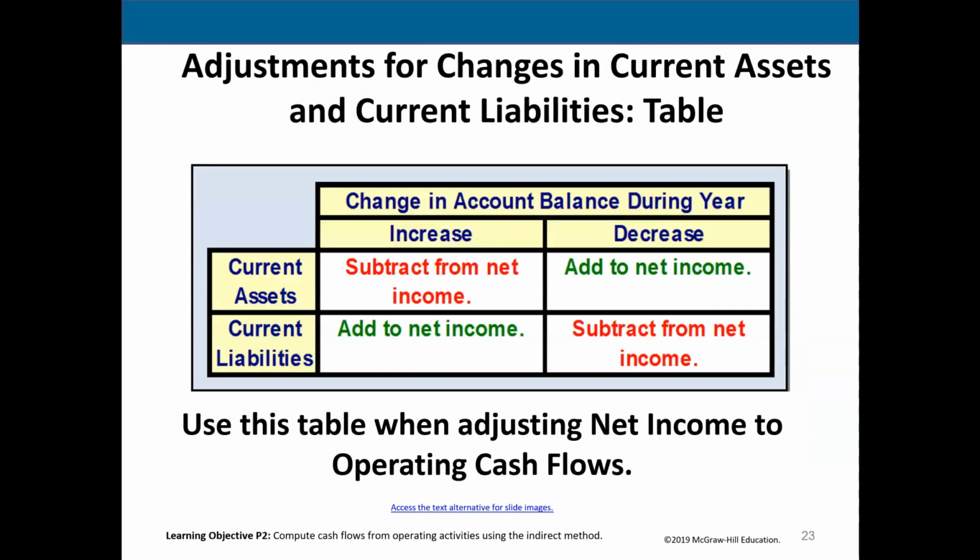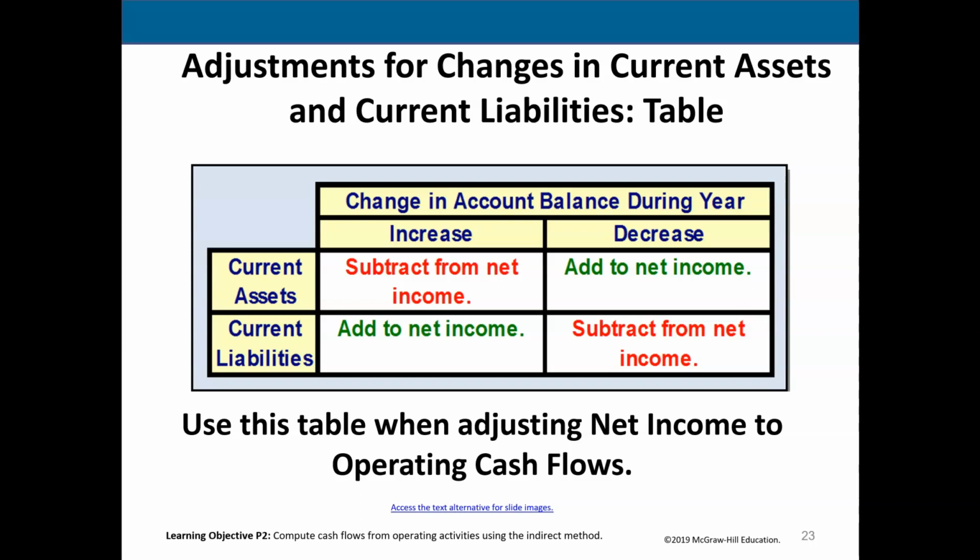This is a little sheet that you might want to have near you when you're working on your cash flow statement. It will tell you whether you add or you subtract it. For example, for a current asset, if there is an increase in a current asset, you subtract it from net income.